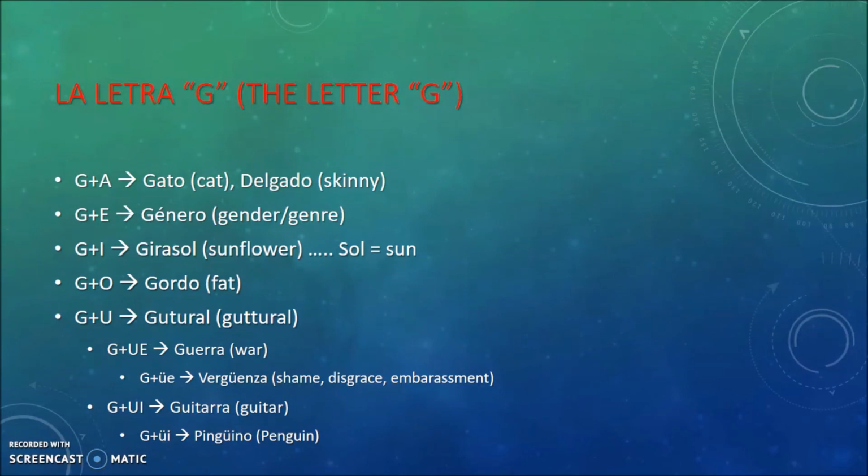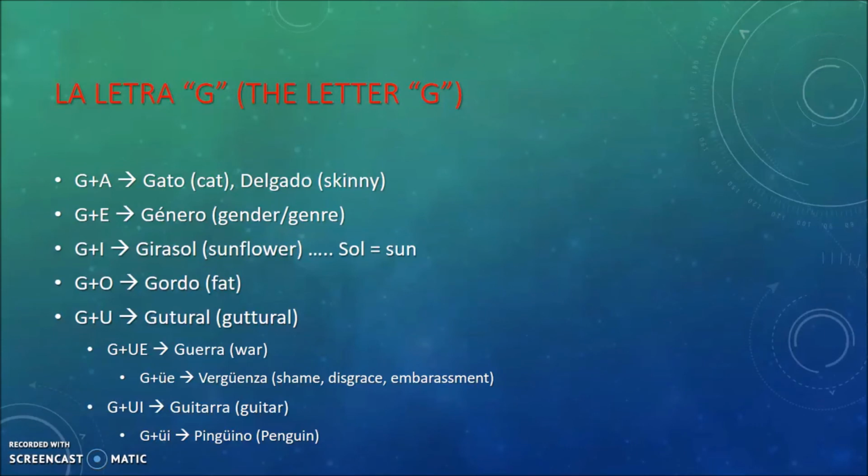And it's kind of the same with the letter C. When the C is followed by an E or an I, it's pronounced kind of like an S. And when it's followed by an A, O, or U, then it is pronounced like a K. And then we have words like guerra, when it's followed by a U and an E, guerra.